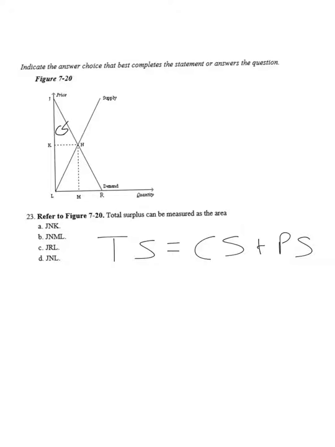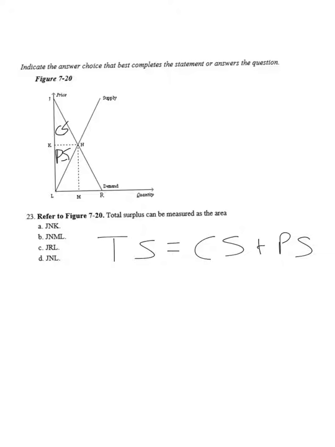In order to determine the producer surplus, we can look at the area of the triangle between the price level and the supply curve. So our producer surplus is this triangle P, K, N, and L. So the total surplus is just combining these. So it's just that large triangle, J, N, and L.